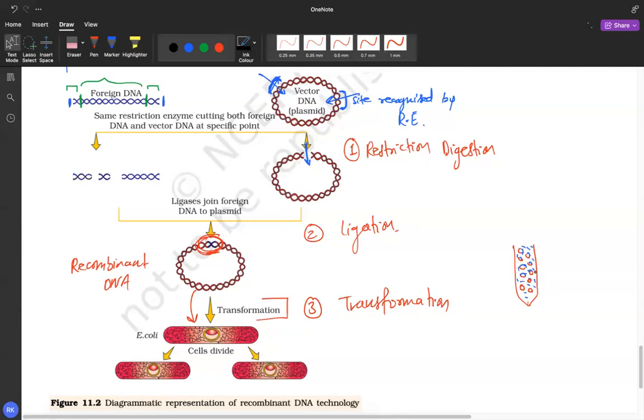Yes. Okay. Now, after transformation, the next step is culturing, cell culture. We culture these bacteria in big bioreactors, big vessels. Why? Because we want them to grow into millions and millions and billions and billions.